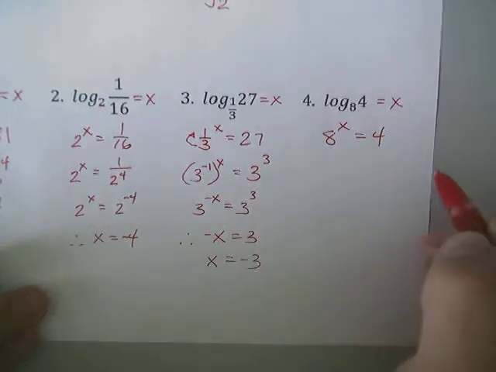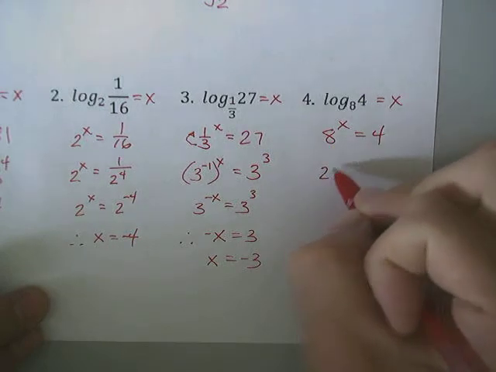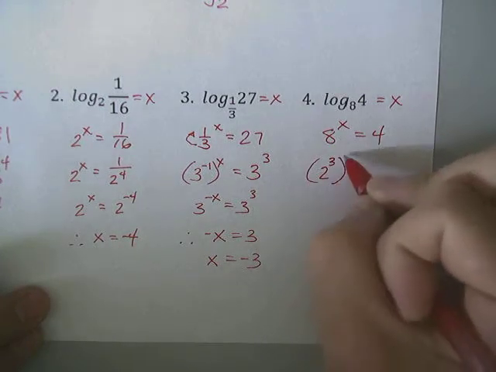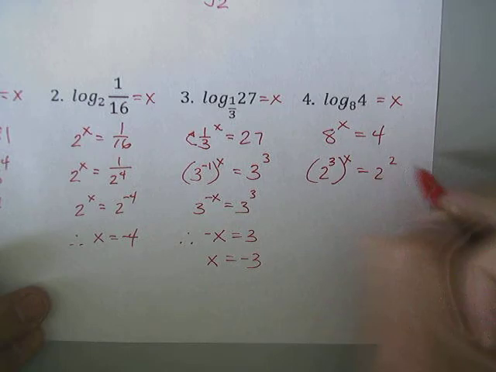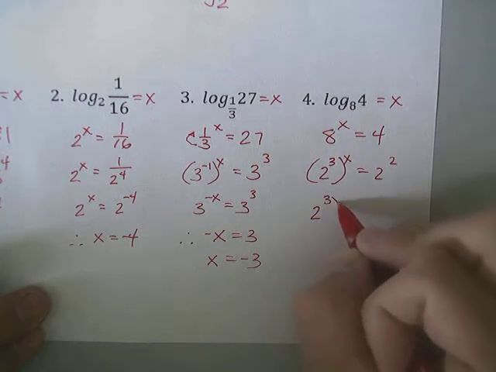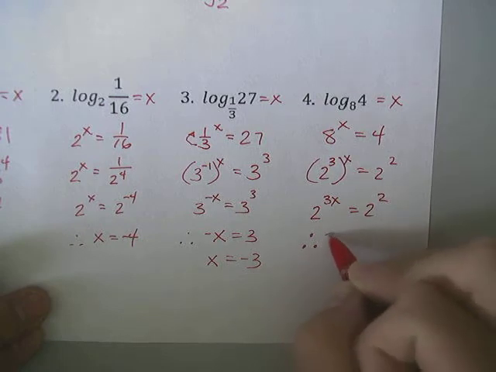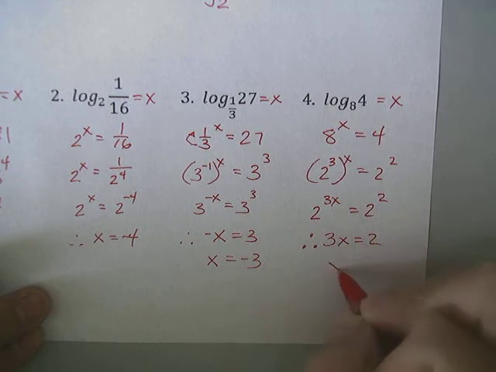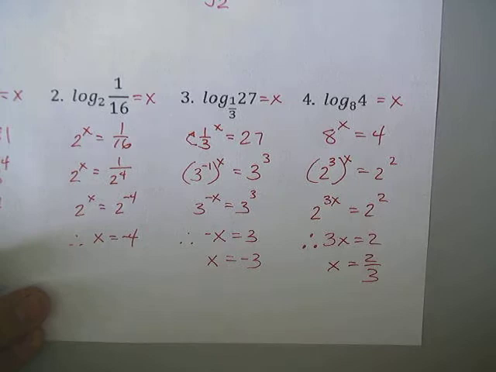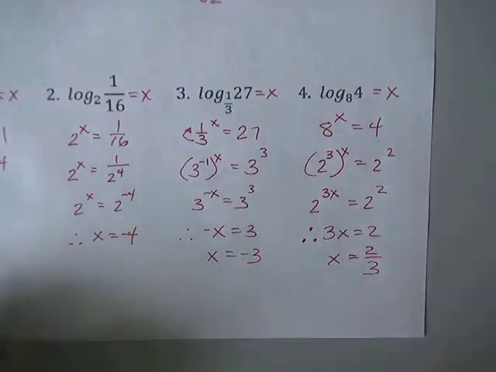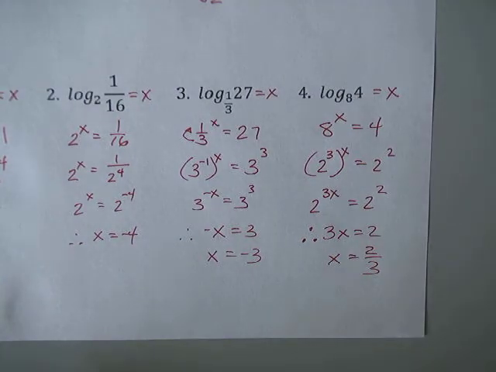So it's 8 to the x equals 4. I can't change 4 to a base of 8, and I can't change 8 to a base of 4, so I would change both of them to a base of 2. So 8 is 2 to the 3rd to the x, and this is 2 squared. So it's 2 to the 3x equals 2 squared.